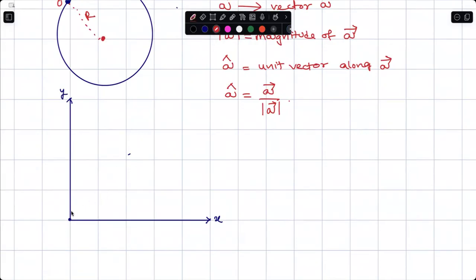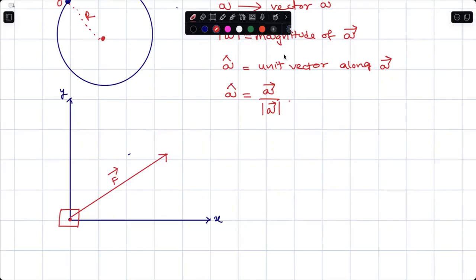Now I am representing one of the forces experienced by a block, which in turn is represented by F bar.